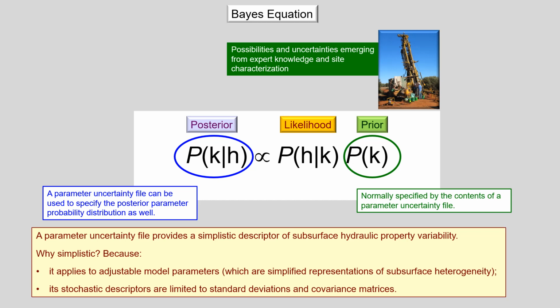The science of geostatistics is dedicated to deriving much more complicated geostatistical descriptors of what may be under the ground, but these cannot be encapsulated in those simple descriptors like covariance matrices and standard deviations. Hence, as stated here, what we find in a parameter uncertainty file is useful for calibration, history matching, random field generation, but only ever approximate, as is much of decision support groundwater modelling.